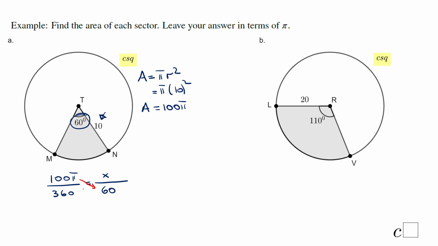So we have this cross multiplication, and we have 360 times X equals 100 pi times 60. The last step to find X, the area of the sector, divide by 360 to cancel this 360.